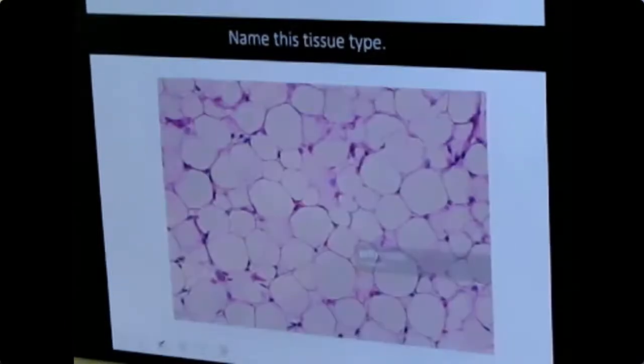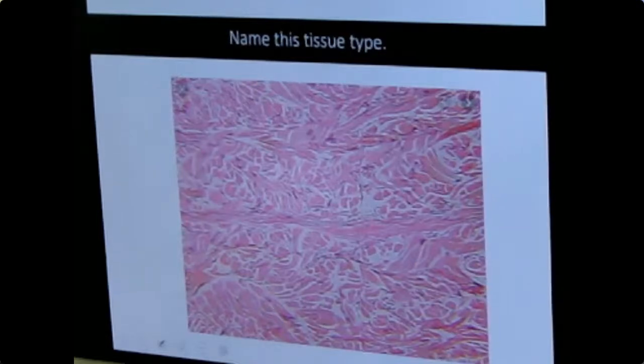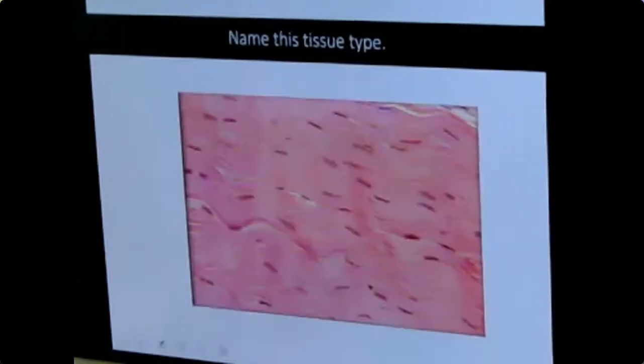And we got this. And this one, so this is not muscle. It's a connective tissue.